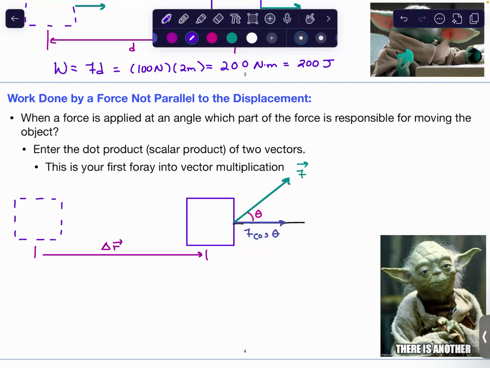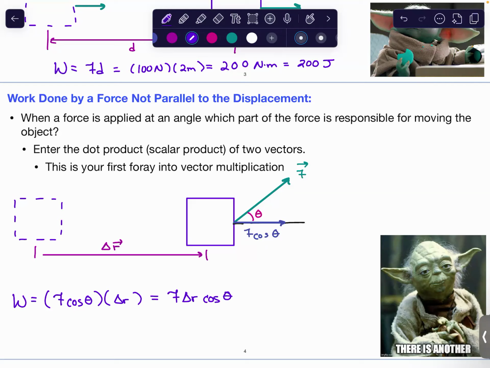Okay, so now if we think about work done, we're going to have the force that's moving the box, F cosine theta, times the displacement, delta R. You end up with this equation: F delta R cosine of theta.